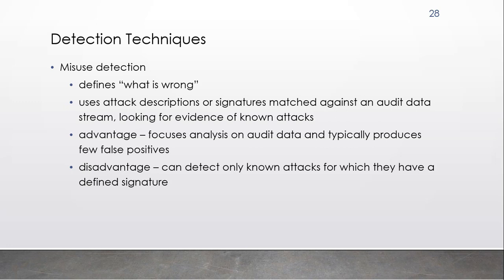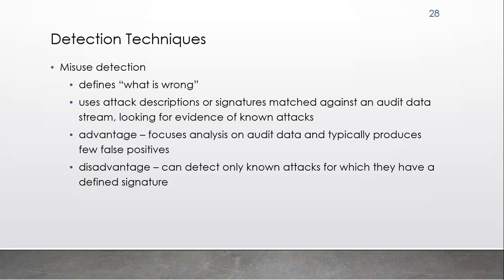The advantage to this approach is that it focuses the analysis on audit data and typically produces few false positives. The disadvantage, however, is that it can detect only attacks for which it has a signature. That is, if a novel attack is introduced, the system has no knowledge of what this thing looks like, and it can't respond.